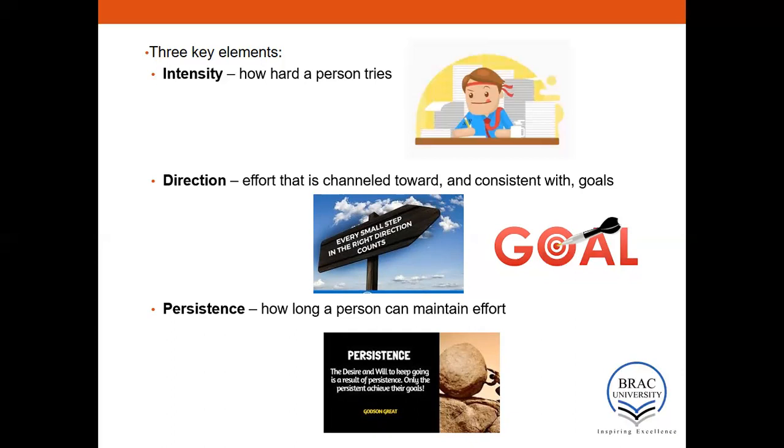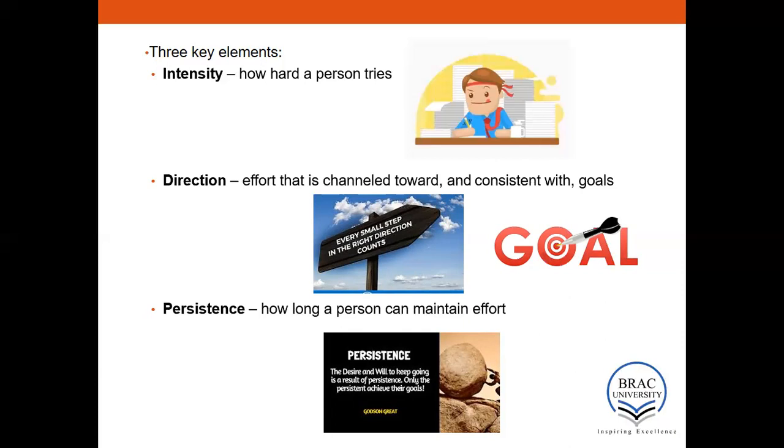So, do you think I would be able to achieve my goal, or do you think I am actually motivated enough? No. That means whatever your hard work is, it should be directed towards the right path. Not only that, your effort should be consistent until you actually achieve your goal. Otherwise, there is no way someone can say that you're motivated.